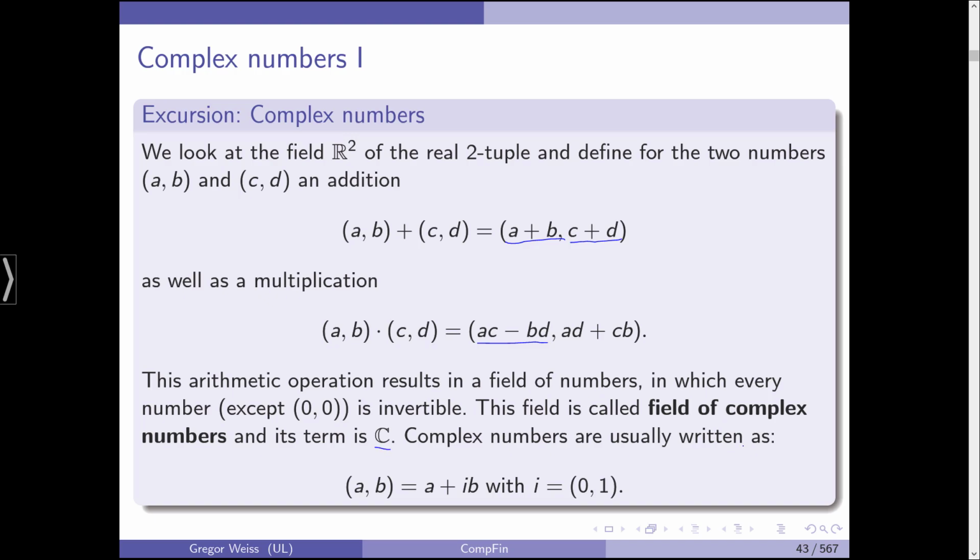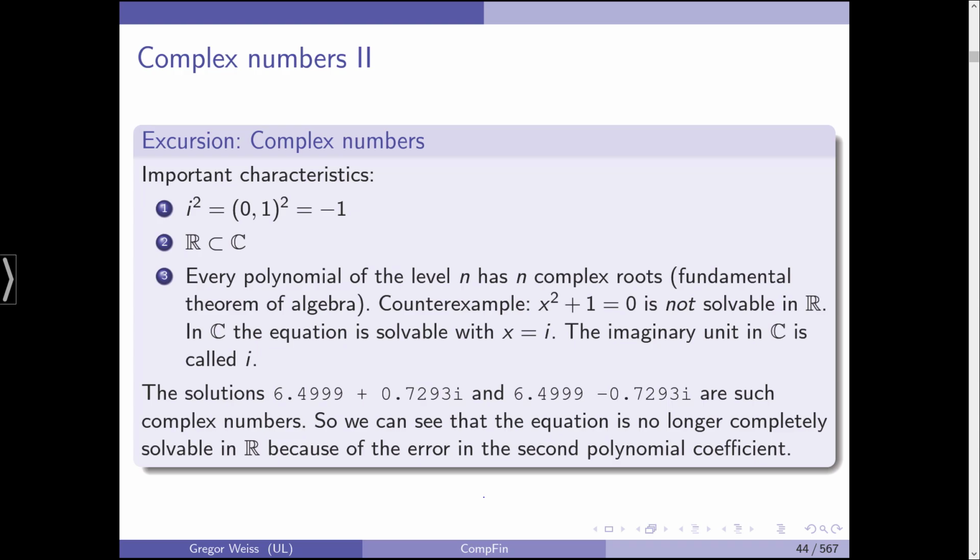Complex numbers are usually written not as (a, b), but as a equals a, the real unit, plus i, the imaginary unit defined as (0, 1), times b. So a plus i times b. Quite interesting characteristics of the complex numbers.